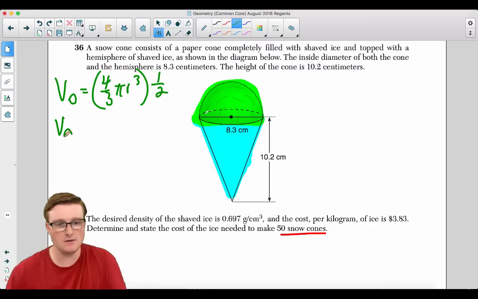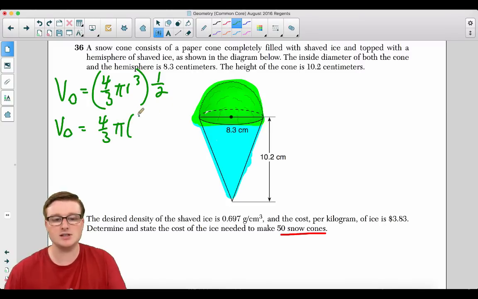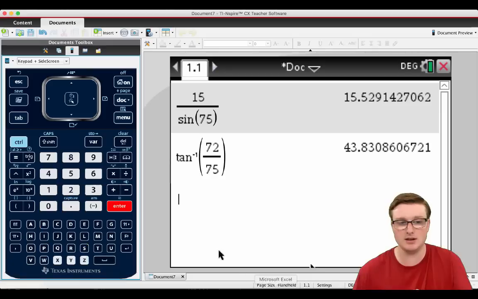So the volume of this hemisphere is equal to 4/3 pi. Now the radius is just 8.3 divided by 2. That would be your radius. It's your diameter divided by 2, raised to the third power, and multiply this by 1/2. I'm going to go right to my calculator and plug in this information.